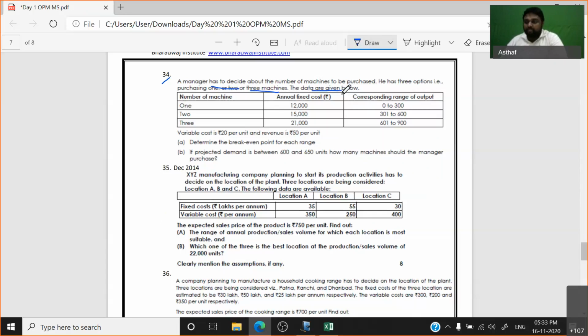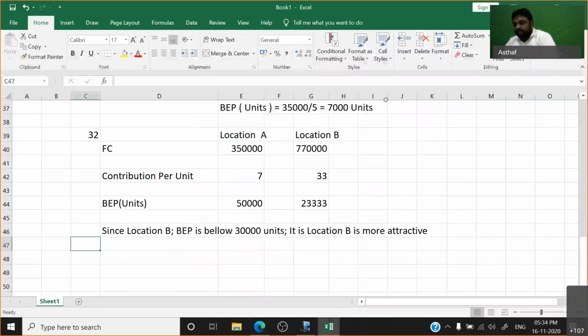The data given below: annual fixed cost, corresponding range of output, variable cost is 20 per unit, and revenue is 50 per unit. Determine the break-even point for each range. Are you ready? We can start question number 34.